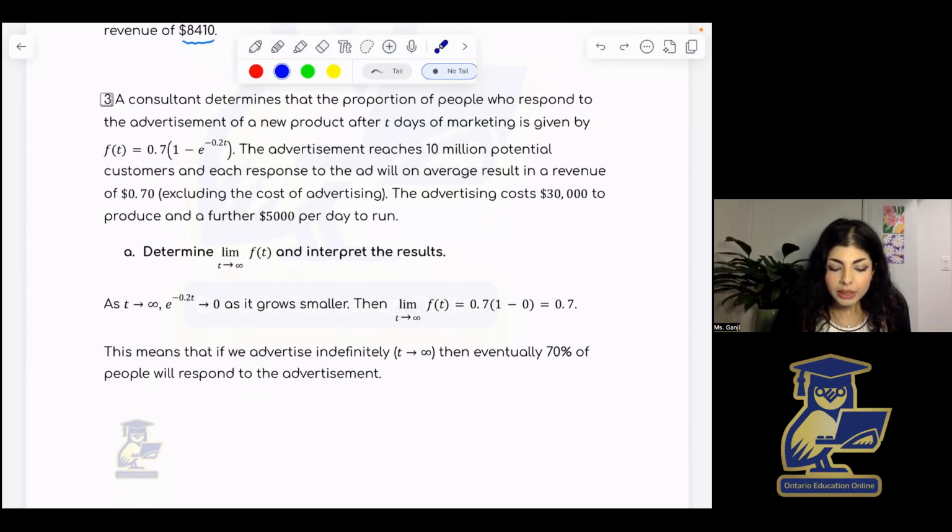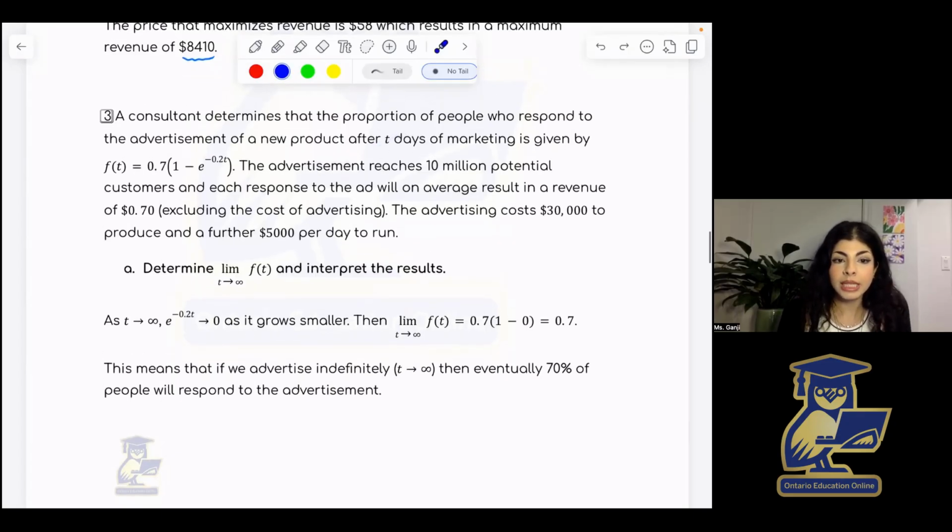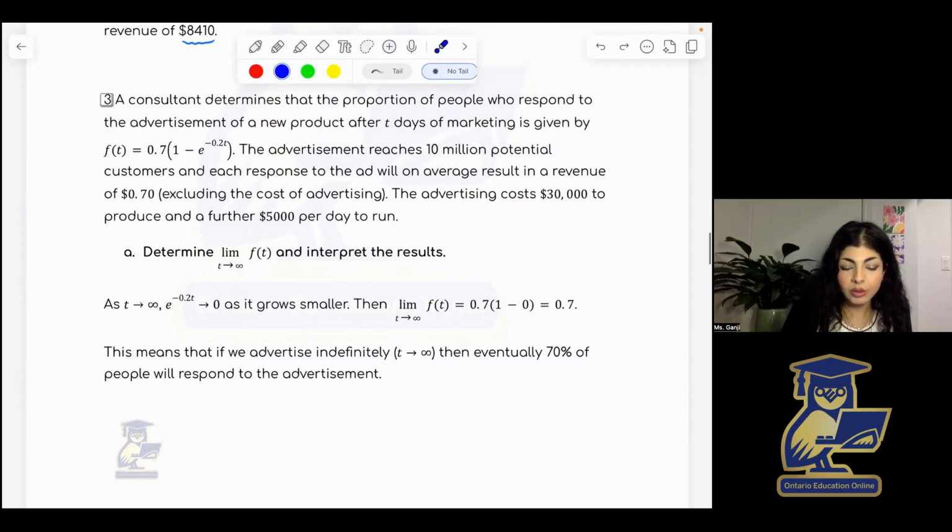So first, we're asked to determine the limit of the function as t approaches infinity. Remember t is in days. So as more and more days pass, what is the proportion of people who are responding to the advertisement, which is given by f of t? We see that as t grows to infinity, this portion, e to the power of negative 0.2t, is approaching zero.